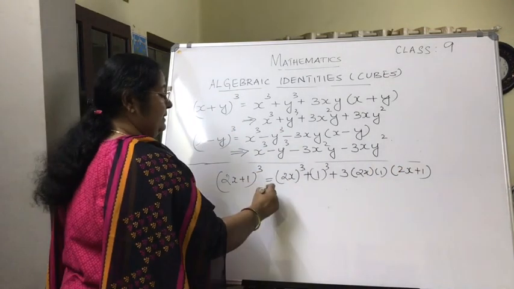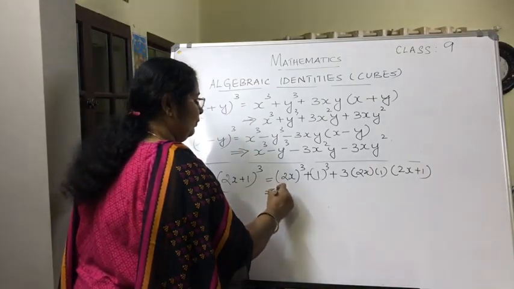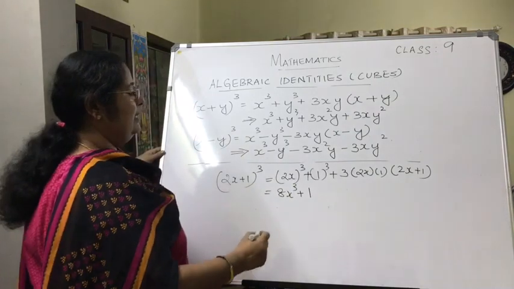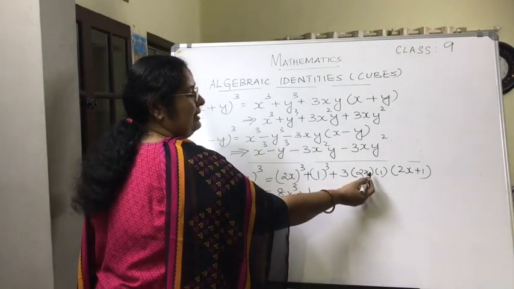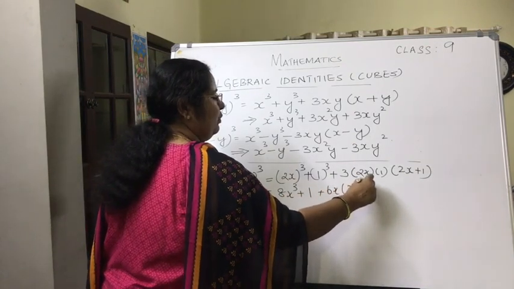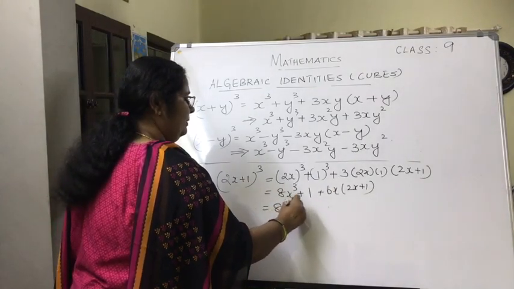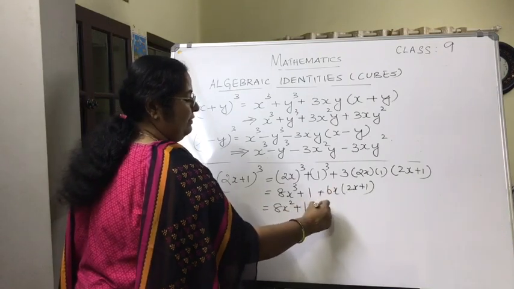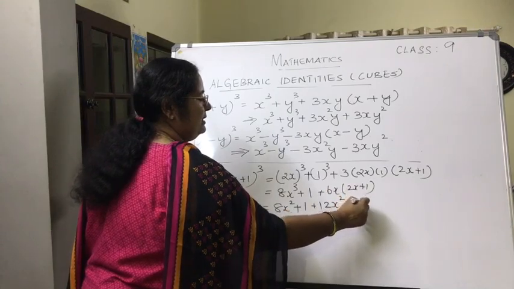Now what is 2x the whole cube? 2 cube is 8, so 8x cube. So this is 8x cube plus 1 cube is 1 plus 3 into 2 into 1, 6 into x, 6x into 2x plus 1. Again you can open the bracket. You will get 8x cube plus 1 plus 6x into 2x, which is 12x square, plus 6x into 1, which is 6x.